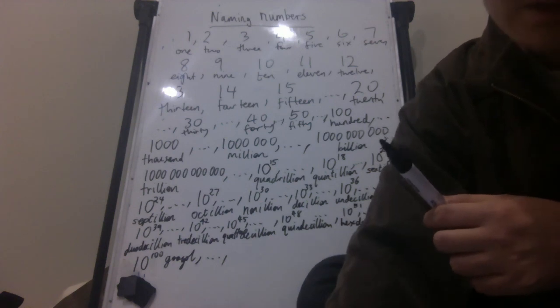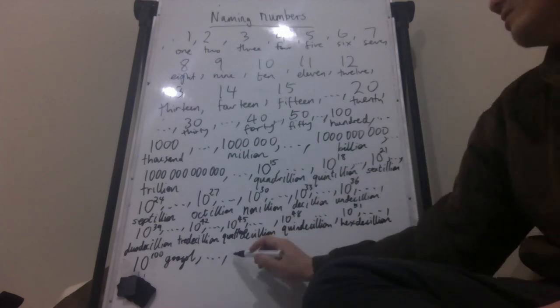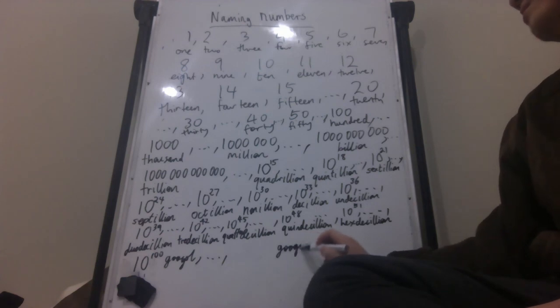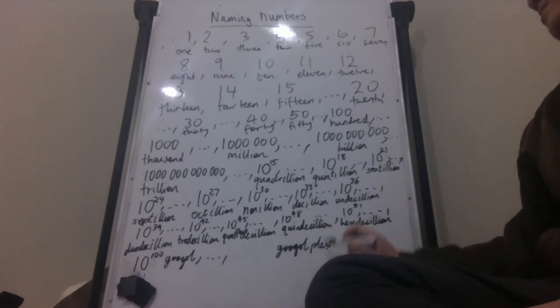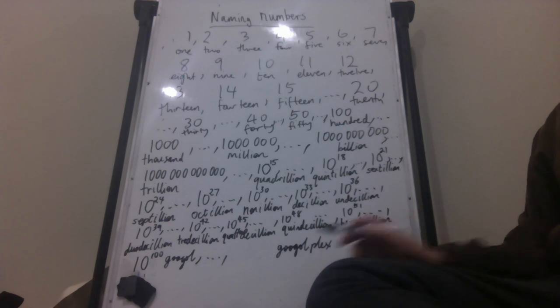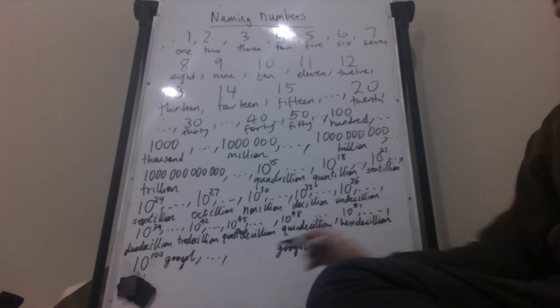Now we have another thing that's a googolplex. So what is a googolplex? It just has a googol, but the plex joins. It has one googol zeros.